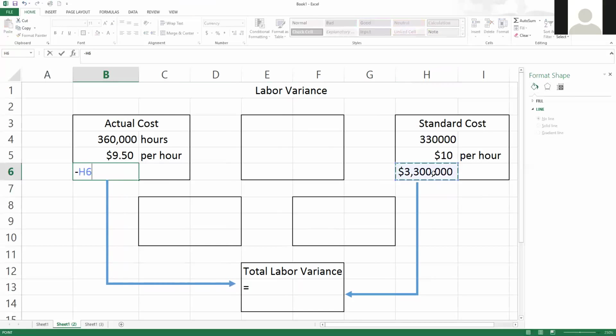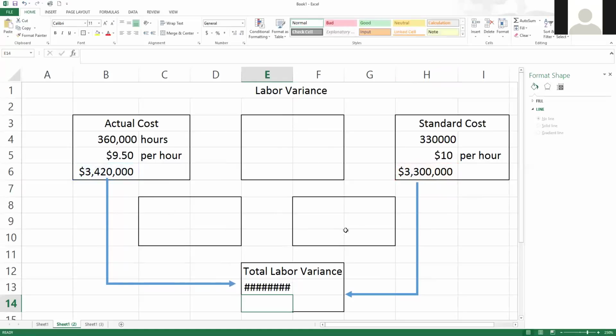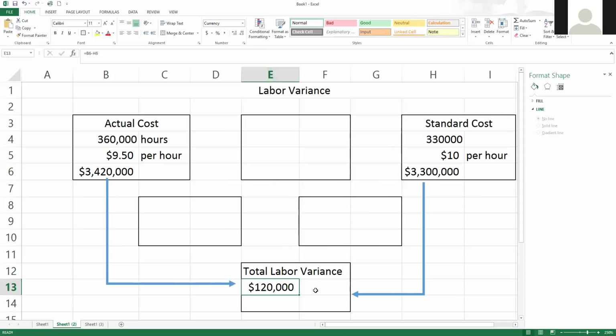3.4 minus 3.3. Yeah, it would help if I did it right. Okay, coming down here and saying 3.4 minus 3.3, and our variance is $120,000. Now, is it favorable or unfavorable?